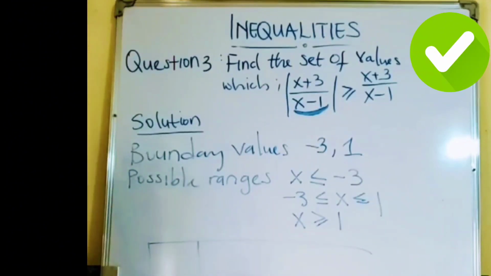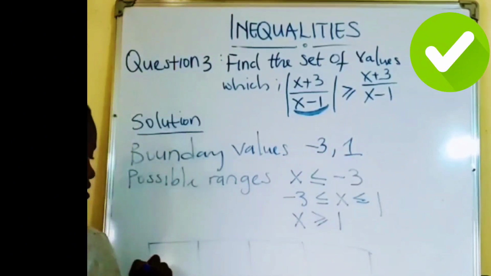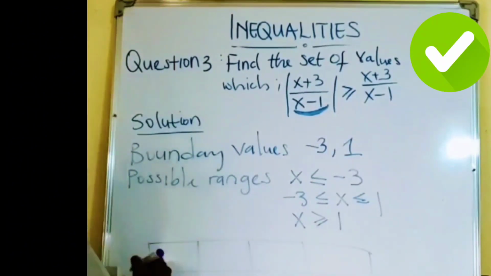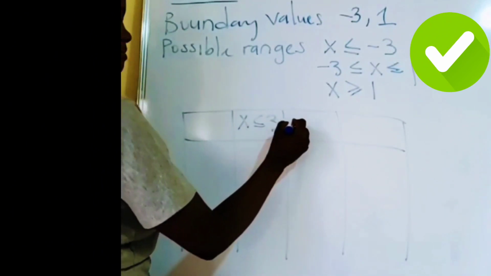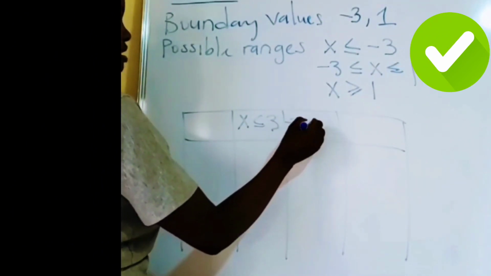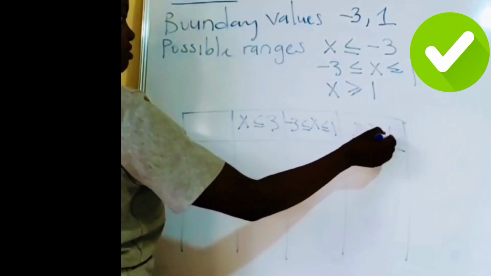So let's quickly check it in a table. Which range satisfies our inequality? x less than or equal to negative 3, x lying between negative 3 and 1, x greater than or equal to 1.